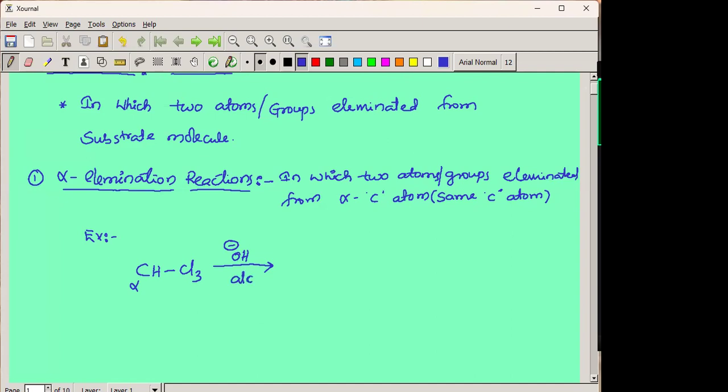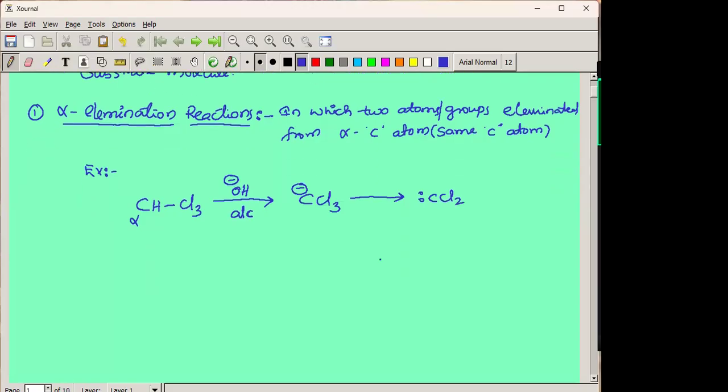In alcoholic medium, OH minus acts as a base. It will trap the hydrogen from the alpha carbon atom and simultaneously Cl minus is eliminated. By that we first get the trichlorocarbanion. This is unstable, so it loses one Cl minus and forms dichlorocarbene. This reaction is an example of alpha elimination.